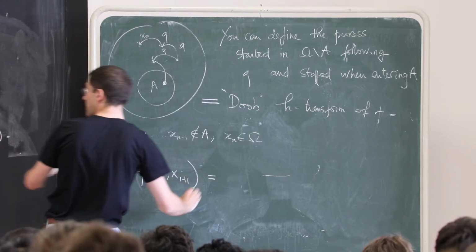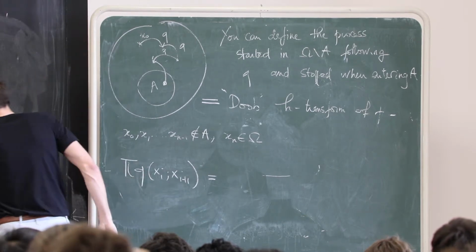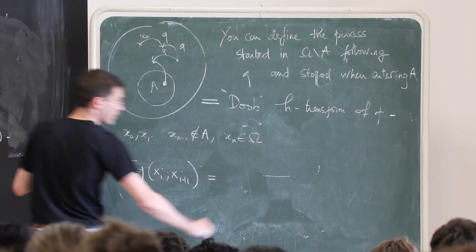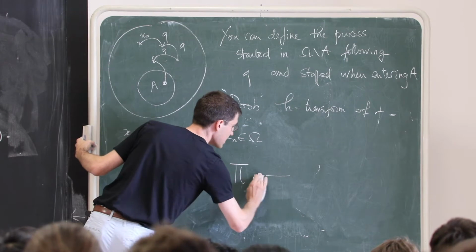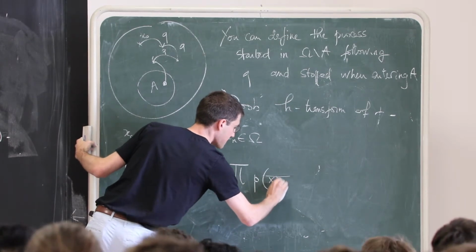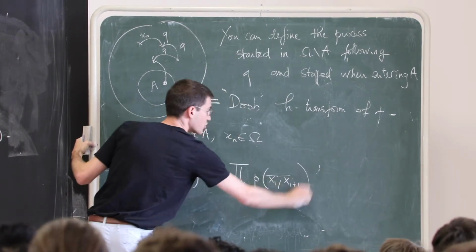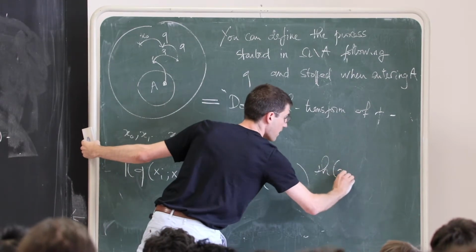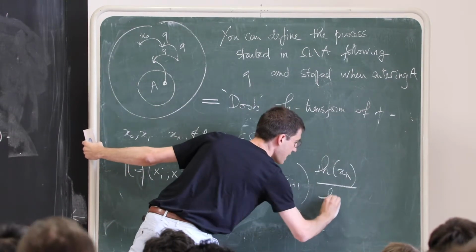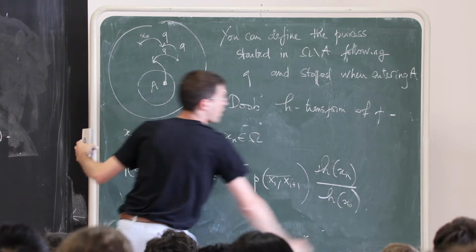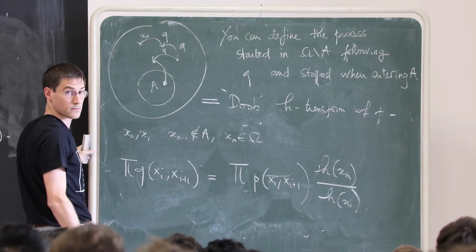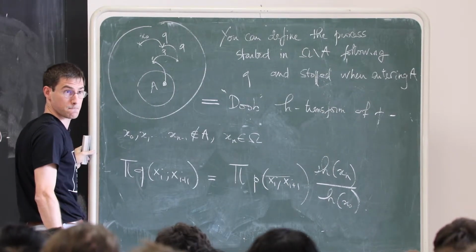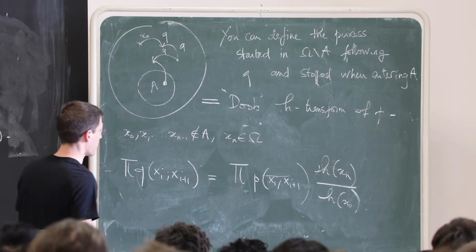It's very easy by this formula to see that you have a telescopic product, and you will get the initial weights for your chain, just modified by the ending point, h of the ending point divided by h of x0. Very simple from this position.